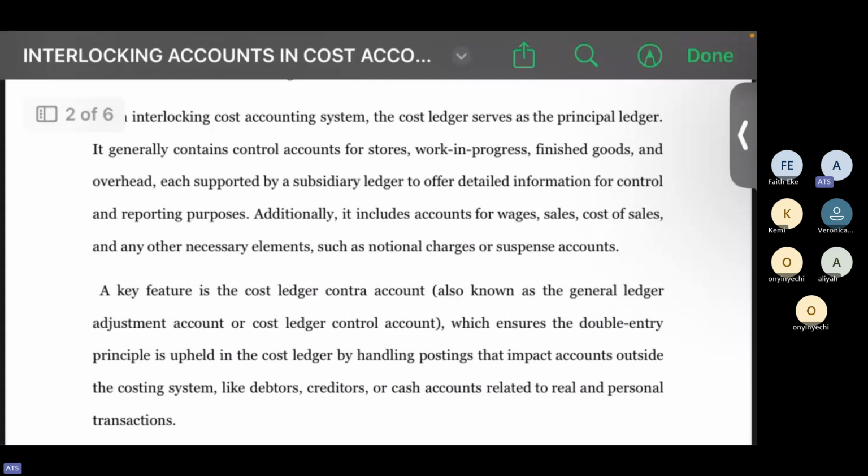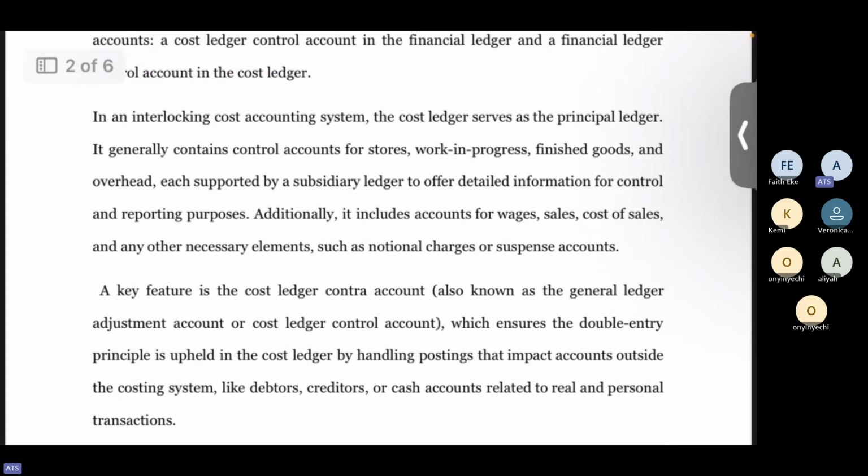Now, yes, you are already familiar with how to prepare your financial accounts. You start from collecting your records, and then you prepare your ledger, and then your trial balance, and all of that. So in cost accounts, it is almost similar. However, there are fewer entries, because what cost accounts is really concerned with is usually the production point, right?